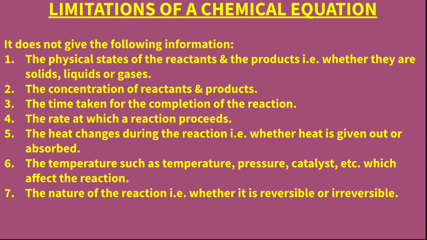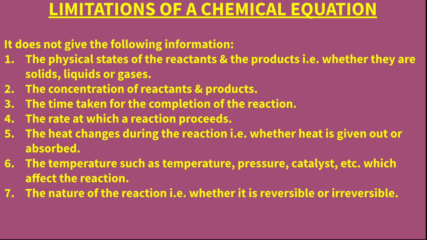Now, what are the limitations of a chemical equation? The limitations are the physical states of the reactants and the products. Whether they are solid, liquid, or gas, we cannot identify from this chemical equation.